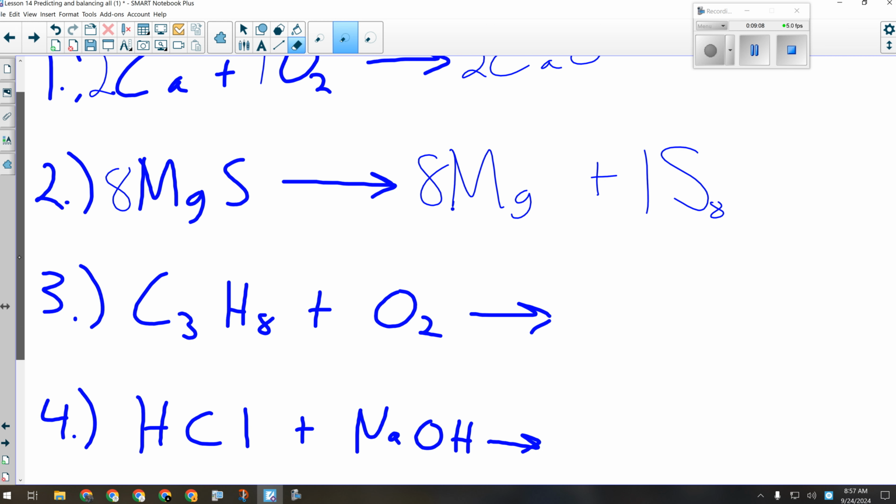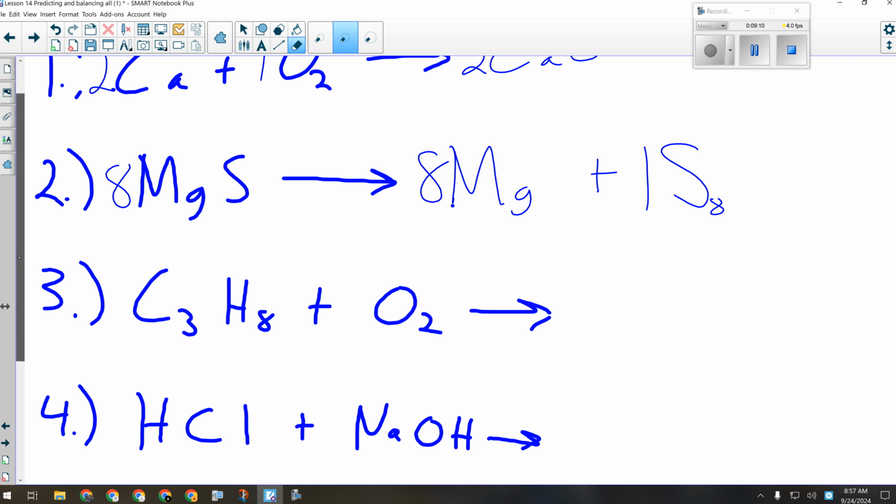Okay. What kind of reaction is number 3? Combustion. Okay. What are always the products of a combustion reaction? CO2 and H2O. Okay. Does this one need the rule of 2? Okay. So what do I do now? Do it alphabetically. What goes here? 3. Okay.